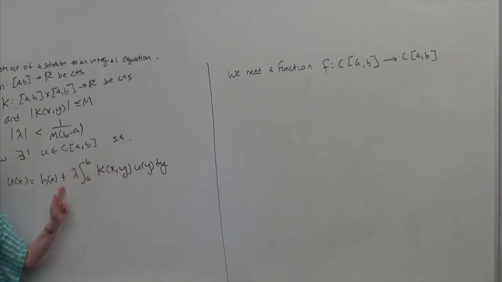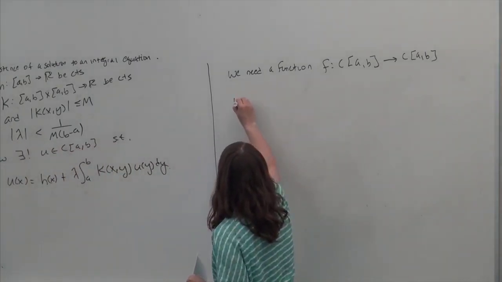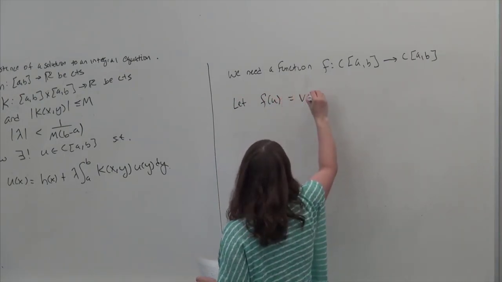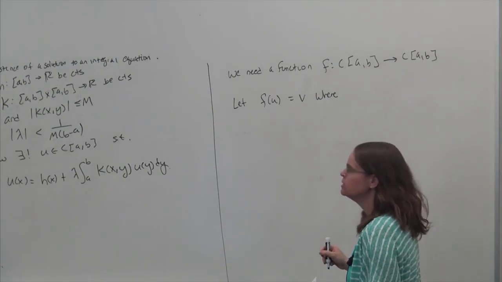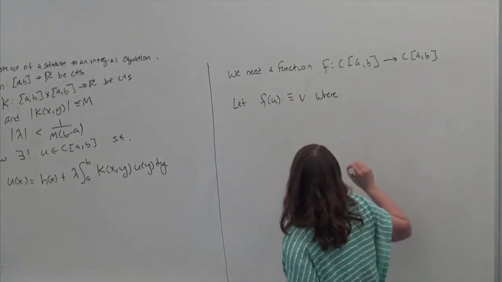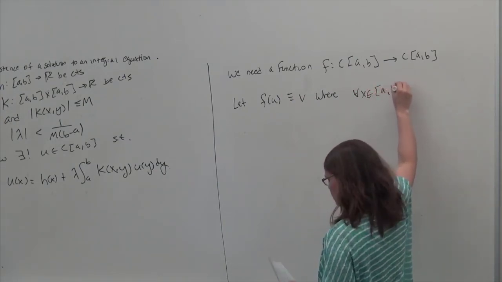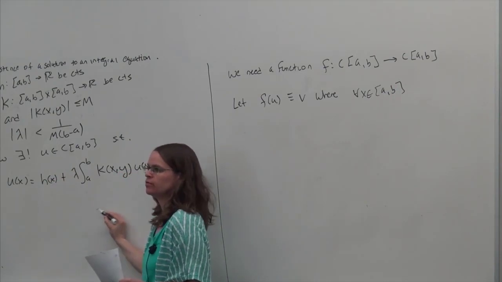It has to be a function. So let f of u equal v. This is how I'm defining f of u: f of u is defined as v, where v is the function such that for all x in my domain, v of x equals precisely this.